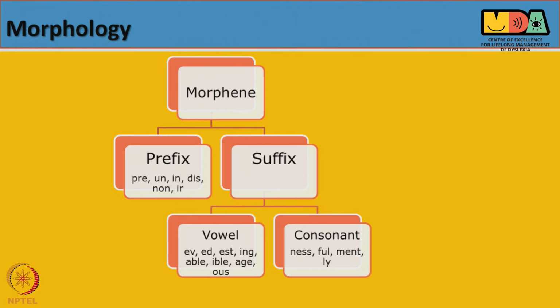Now, all these have got rules and there are 3 basic rules. It is sufficient for the children to know these 3 basic rules because each of them come with their own exceptions and these exceptions will help the child face the difficult words. So, let us go into the rules of morphology.